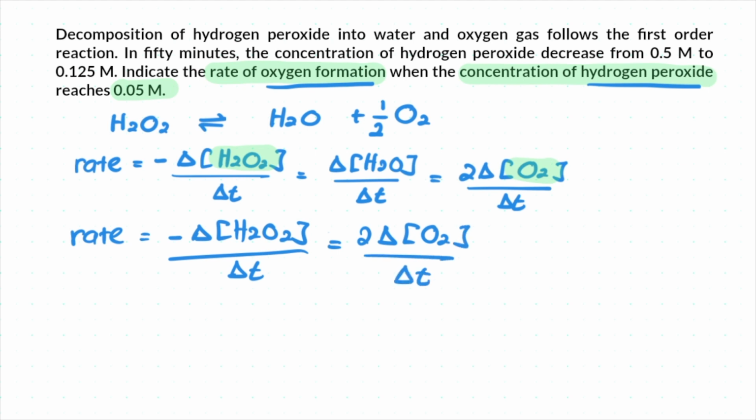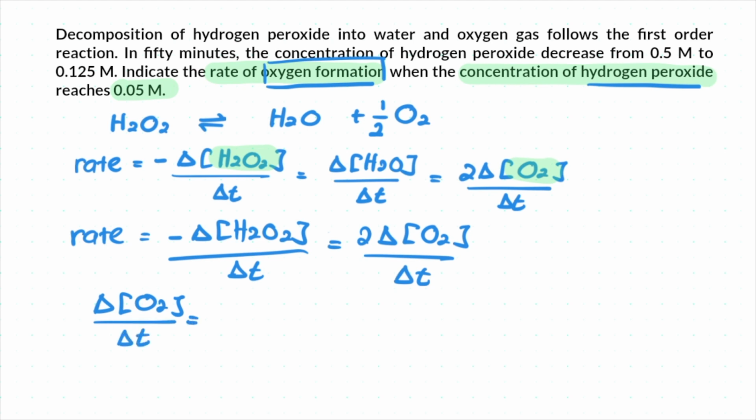Alright, since you were asked to calculate the rate of oxygen formation, delta concentration of oxygen over delta t is equivalent to what?